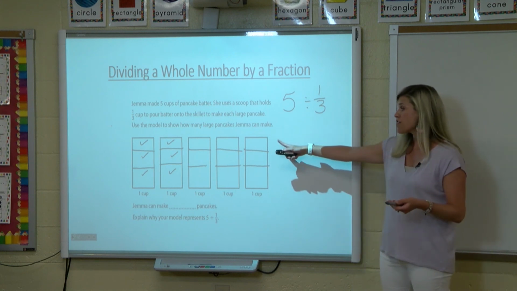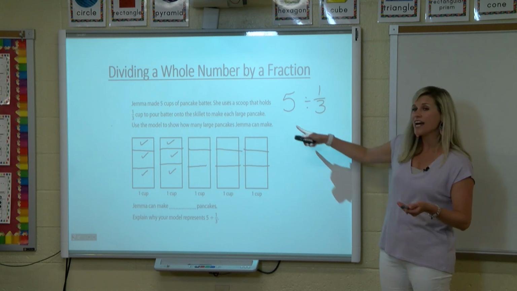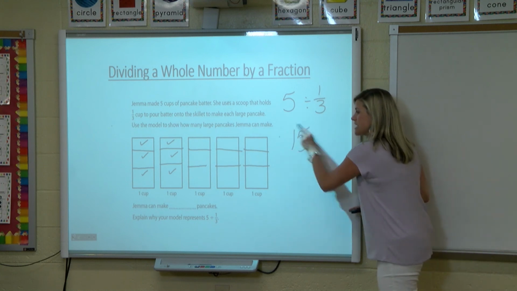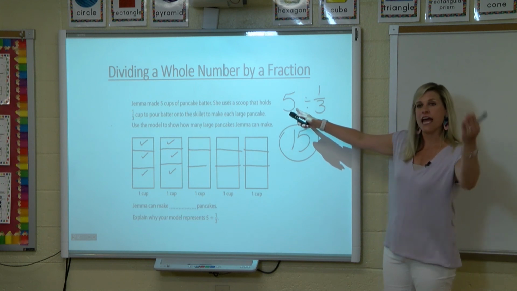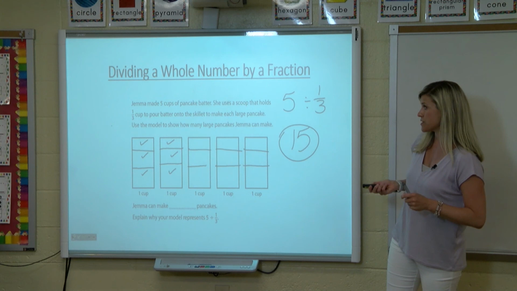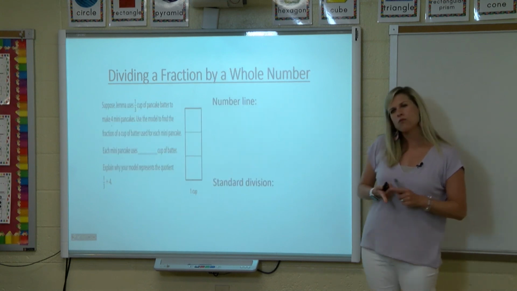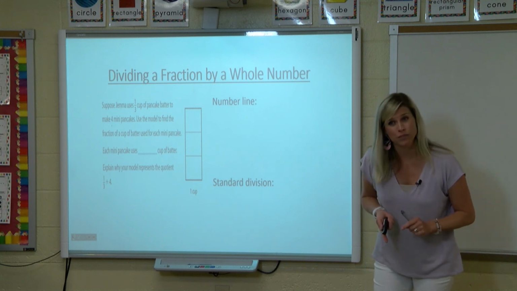And remember, 3/3 is 1 whole. And so that is why you would get 15 total, because we are taking that 5 and breaking it into more parts, into 1/3.